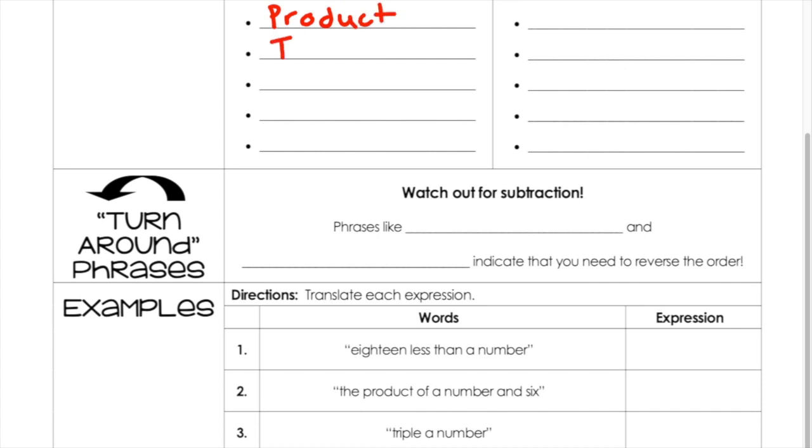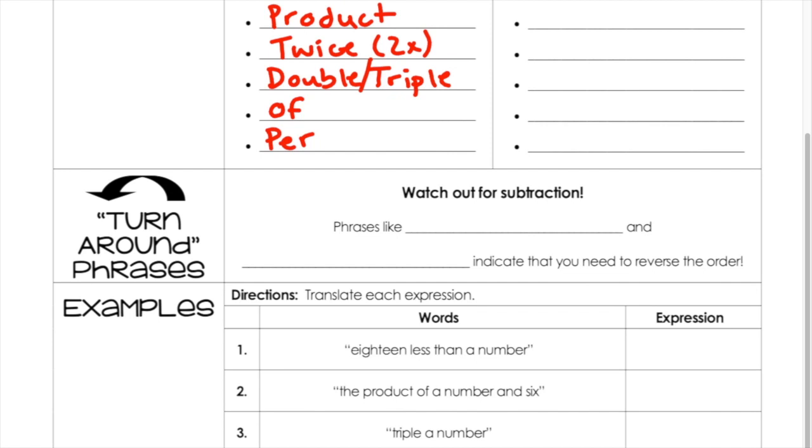Twice, that would mean 2 times a number. Double or triple. If we're doubling it, we're multiplying it by 2. We're tripling it, we're multiplying it by 3. Of, remember the word of always means multiply, and then per. So these are some keywords for multiplication.